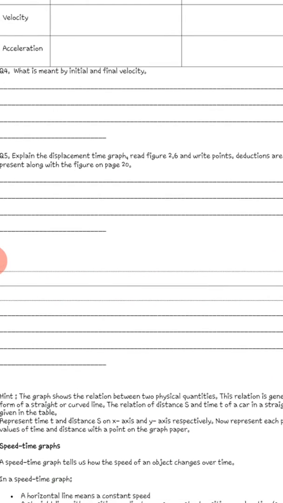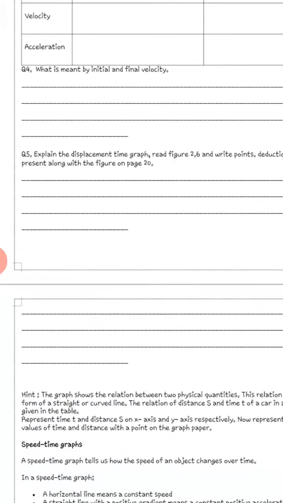The fifth question is about the explanation of the distance time graph. Read figure 2.6, write points. Deductions are already present along with the figure on page 20. So let's see figure 2.6 when we're talking about the displacement time graph. The displacement time graph is basically a graphical representation of a physical quantity, which is displacement, against time.